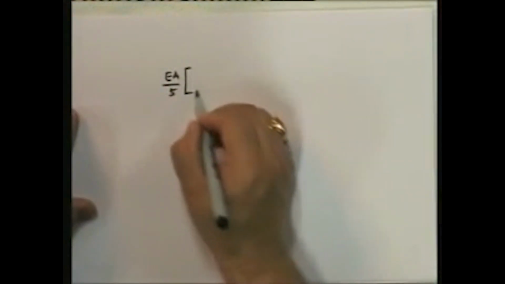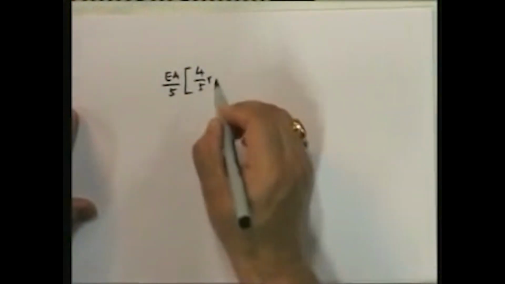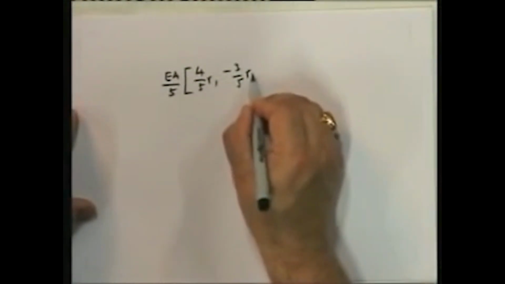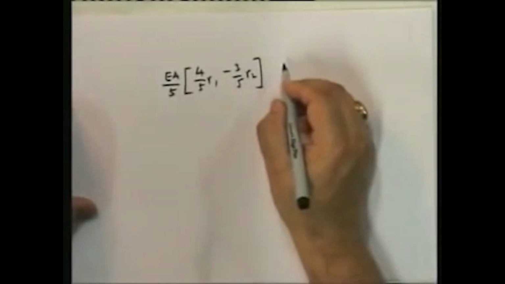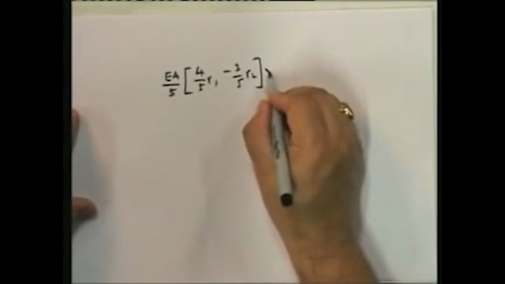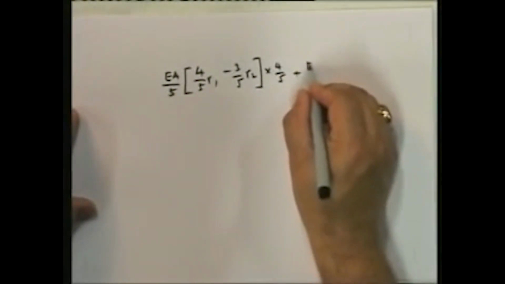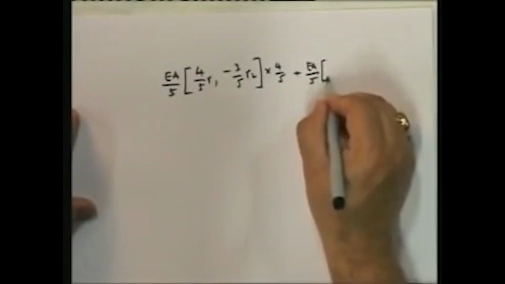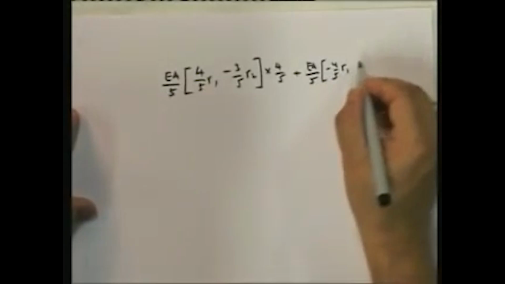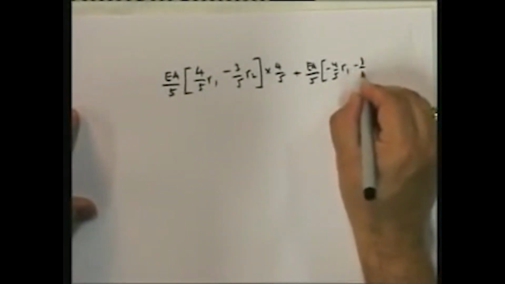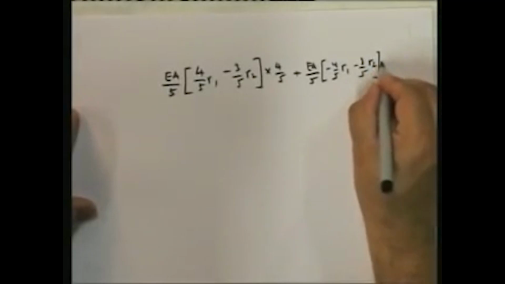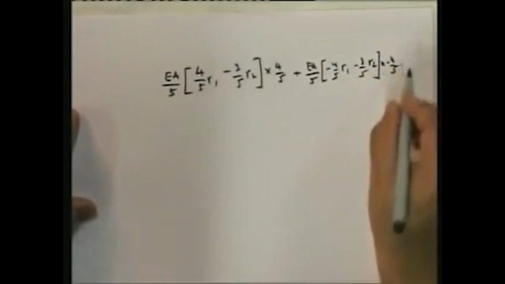So I'm going to get EA by 5, 4 by 5 R1 minus 3 by 5 R2, multiplied by 4 by 5, plus EA by 5 into minus 4 by 5 R1 minus 3 by 5 R2, into minus 4 by 5.